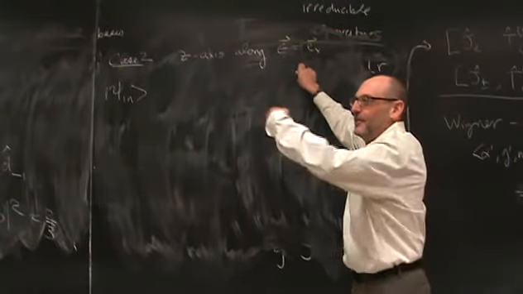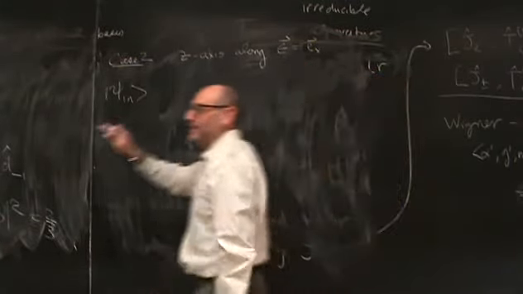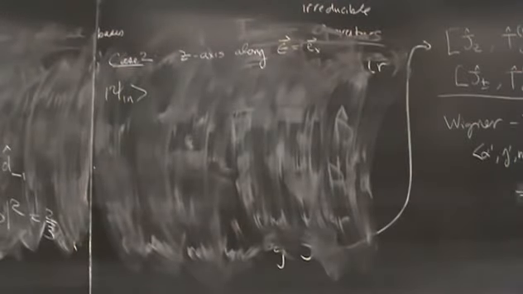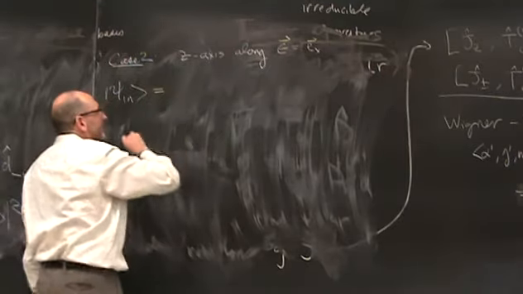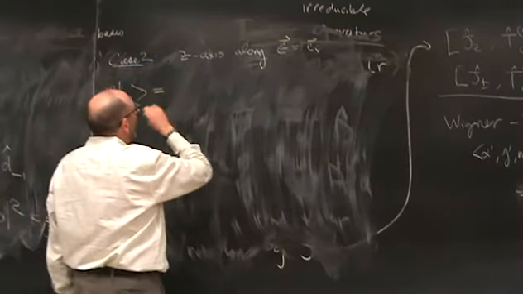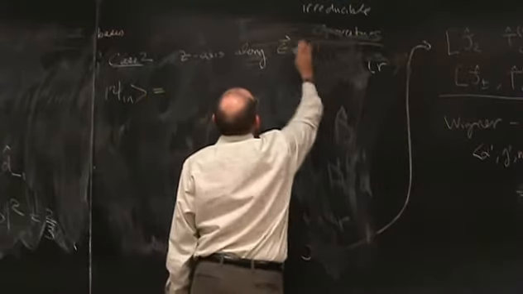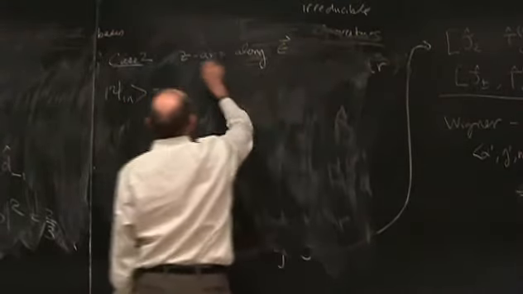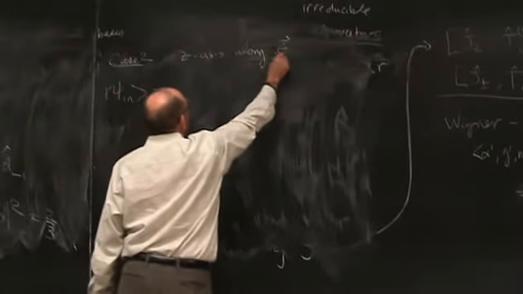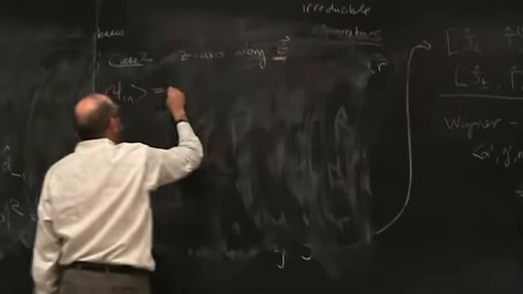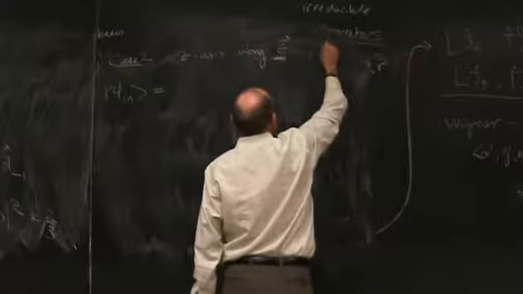It was maximum spin projection along this axis. So I'm going to call this the z-axis. This is the z-axis along epsilon. So the k-axis is the x-axis.